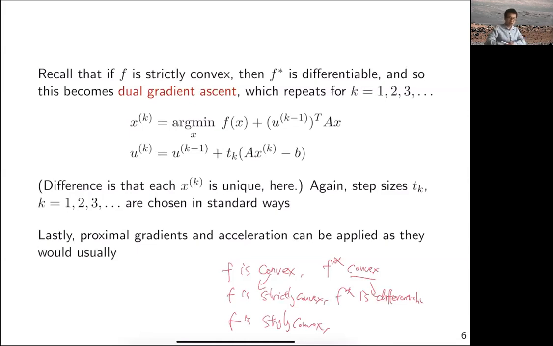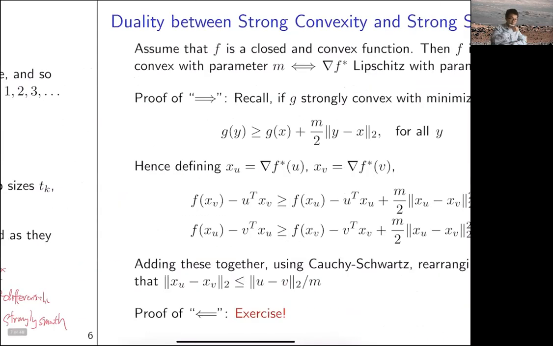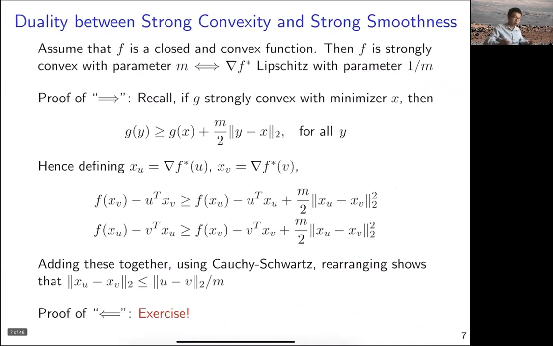But something stronger than differentiable would be to say the gradient is actually Lipschitz. So the natural implication of strong convexity is that f star is strongly smooth, which says that it's not only differentiable, the gradient will change slowly as you change the input to the gradient. This can be formalized in the following theorem on the duality between strong convexity and strong smoothness.